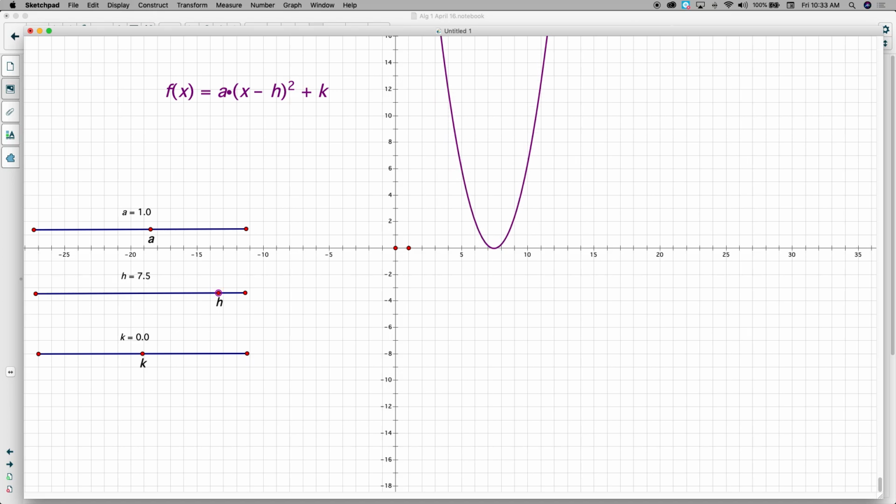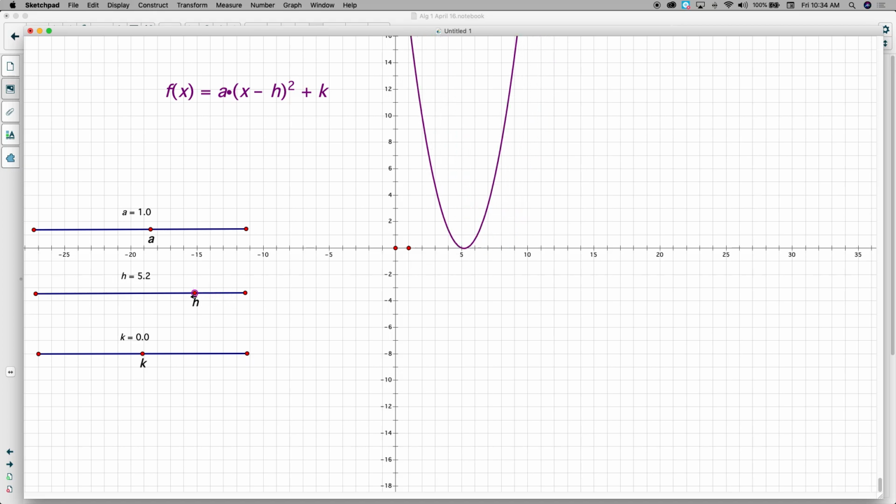So if I go over here to 8, then I have a formula that looks like 1, because a is 1, and then it's x minus 8 squared plus 0, because I have k at 0, and the parabola has moved over 8.